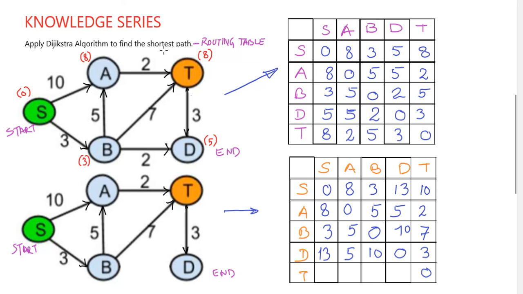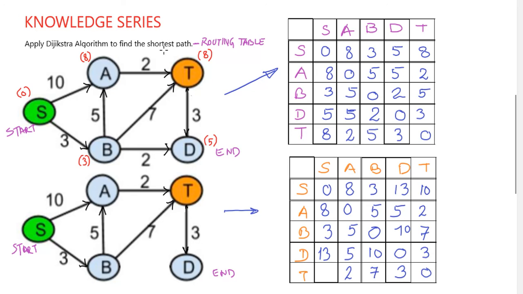Then we consider T. T to D is automatically 3, 0 plus 3. Then T to B is automatically 7, 0 plus 7. T to A, 0 plus 2 is 2.